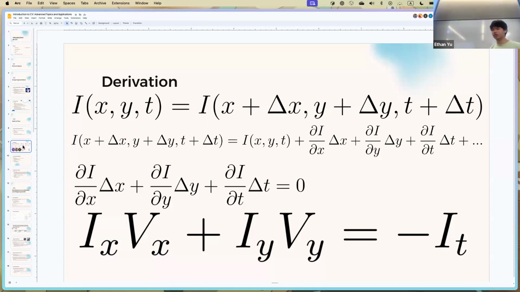Just to touch base and contextualize everything, what does partial I partial x mean? It's the derivative of I with respect to x.